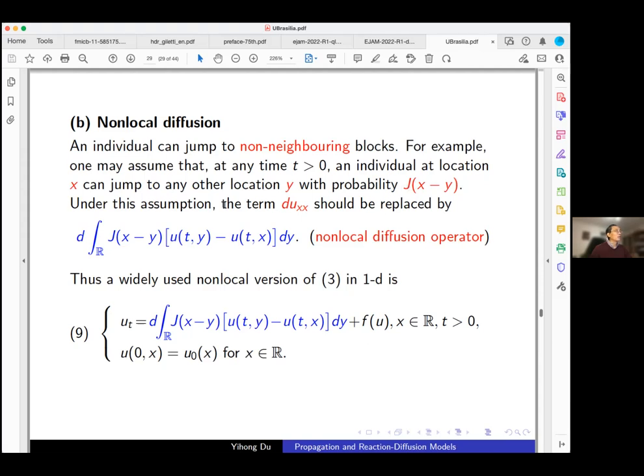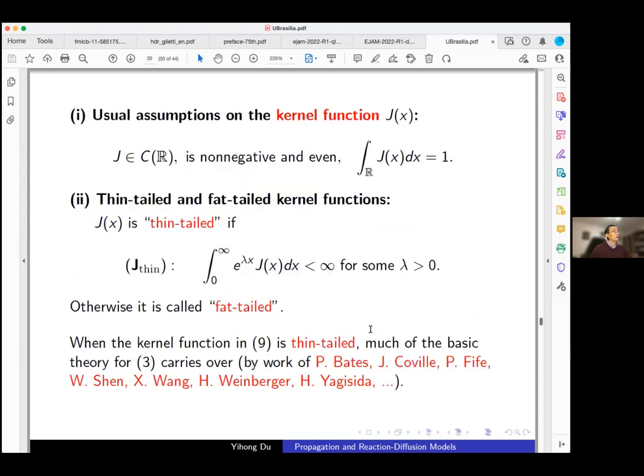If you use this in the modeling process, instead of this, you get this integral term. This is called the non-local diffusion operator. With 3 having this replaced by the non-local diffusion operator, you get equation 9. Everything else we assume is the same, so, for example, it is still the Fisher nonlinearity.